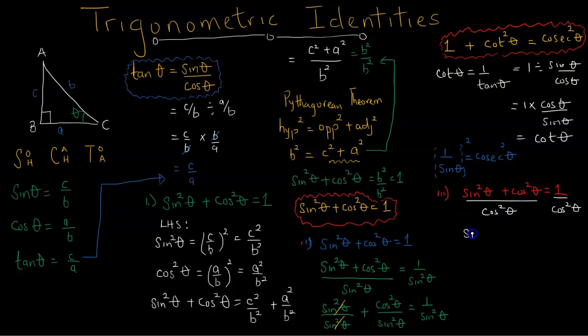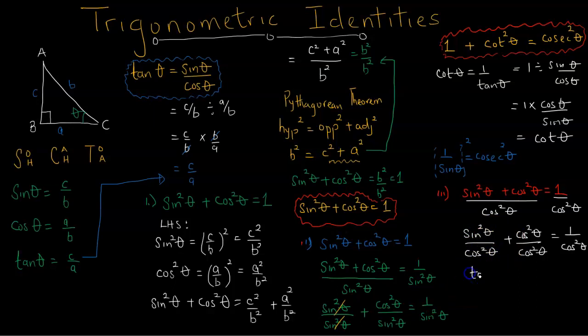So this is going to be sine squared theta over cos squared theta plus cos squared theta over cos squared theta is equal to 1 over cos squared theta.